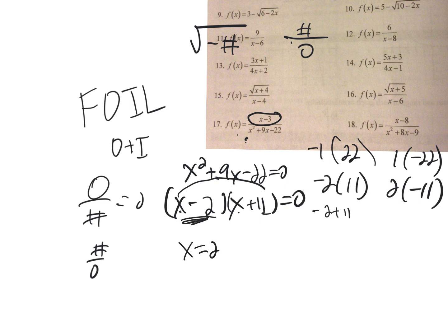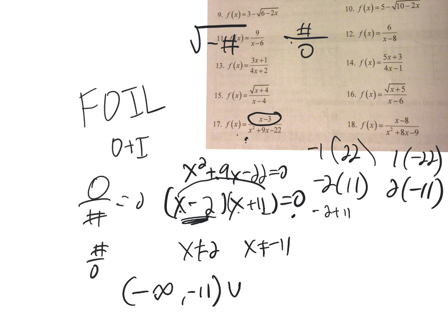When is x minus 2 equal to 0? Because it's supposed to be 0. And when is x equal to negative 11? Okay, so those are the two places that are not included in the domain. To write it as set builder notation or as interval notation, let's go from negative infinity up to negative 11. Both of those are open because I can't include negative 11.